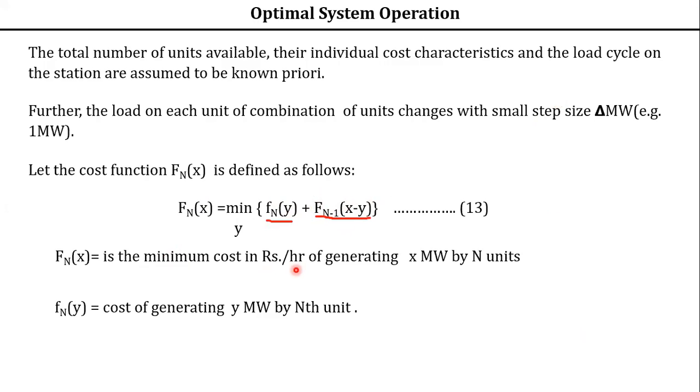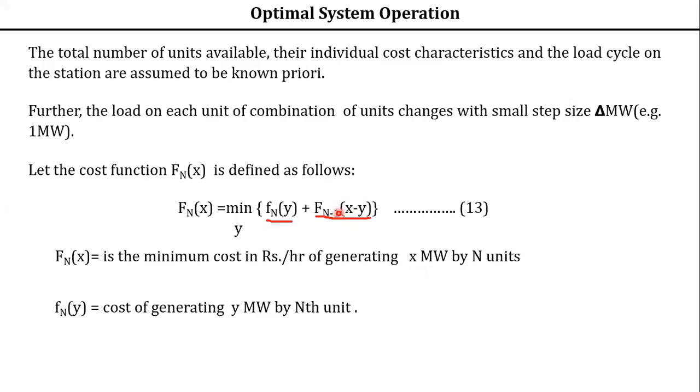The same thing, so you write it for this one: it is the minimum cost in rupees per hour of generating, instead of x, x minus y megawatt by n minus 1 units. Cost of production of x minus y megawatt by n minus 1 units. Right, that's how you have to write it. Anyway, I have given it.